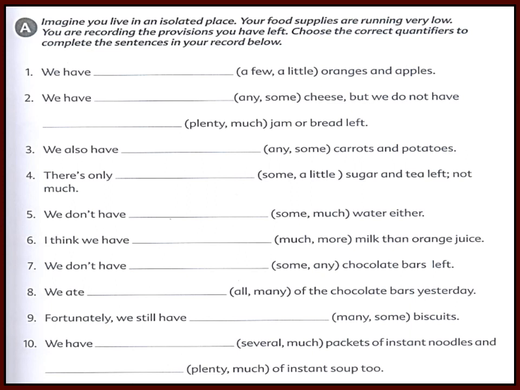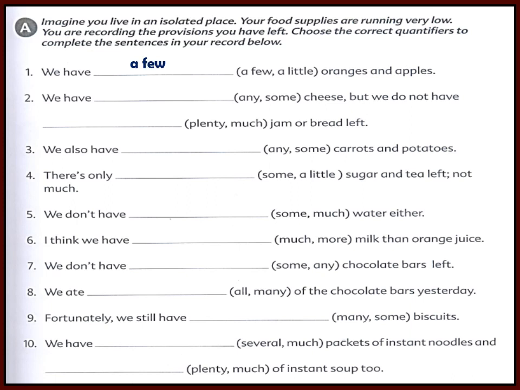We have dash oranges and apples. First of all, check the nouns. Either the noun is count or non-count, then you will use that. So oranges and apples, count or non-count? Count noun. So according to the 2 points, you will decide what you will add here.